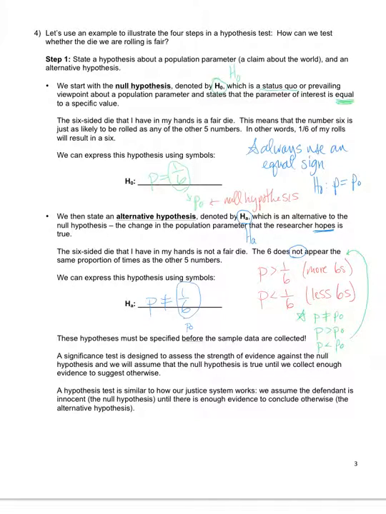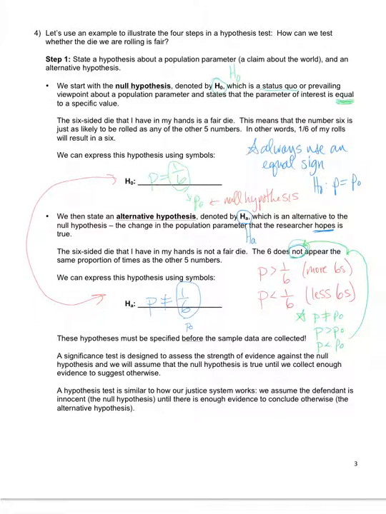So that, draw the arrow up here, this is what told me which of the 3 to choose for our particular example. And keep in mind that the alternative hypothesis is the one that the researcher hopes or wishes to convince the public is true. And one last comment, if you look more closely at these 2 hypotheses, notice there's no overlap. So there's no common value between the 2.